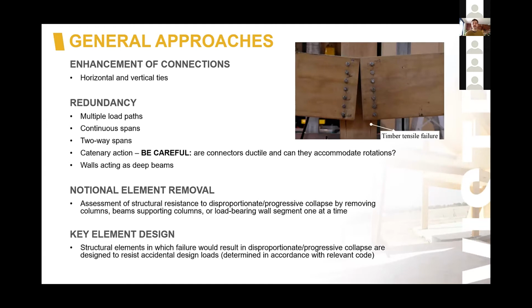Then you might look at notional element removal. This is essentially assessing the structure and its performance to resist disproportionate or progressive collapse by removing individual structural elements one at a time. This doesn't have to be purely quantitative.